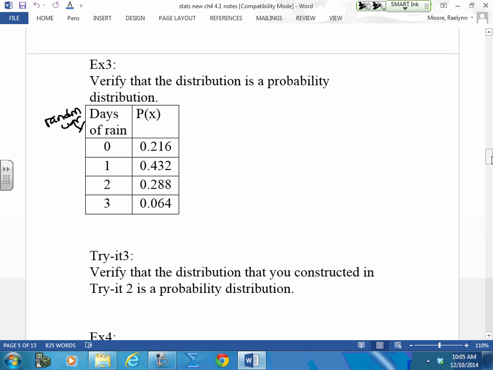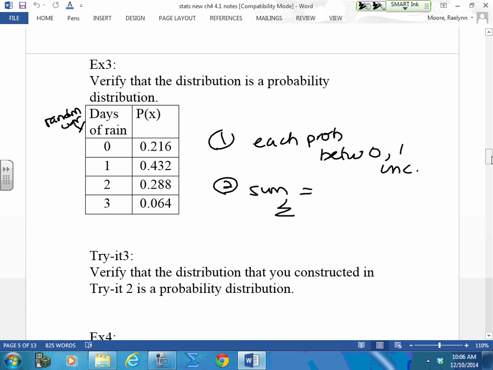We check two things. One, that each probability is between 0 and 1 inclusive. And two, what's the other one? Good. That the sum is equal to 1. So the first thing we look at are your probabilities. Are they all good, valid probabilities between 0 and 1? Okay, so that part's good.